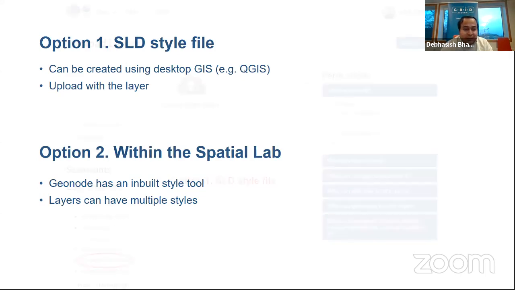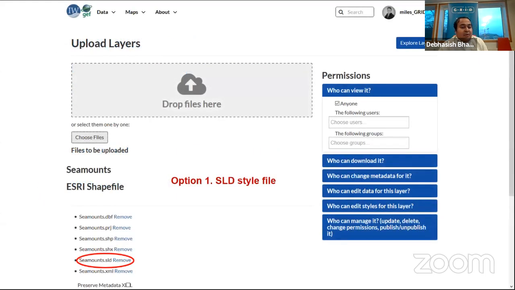So what is SLD? If you're aware of QGIS software, it's more for GIS people who probably use QGIS. If you have a shapefile, you can do your own cosmetic styling on it, and then in the style option, in the property option, you can export the style as a .sld format.